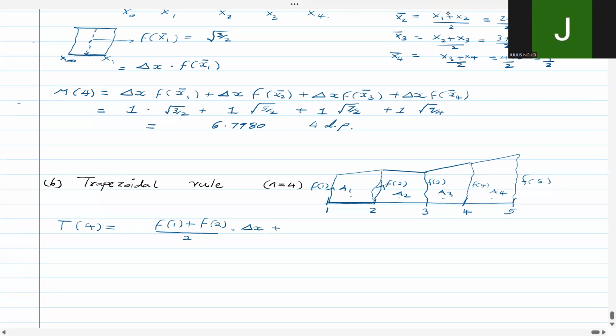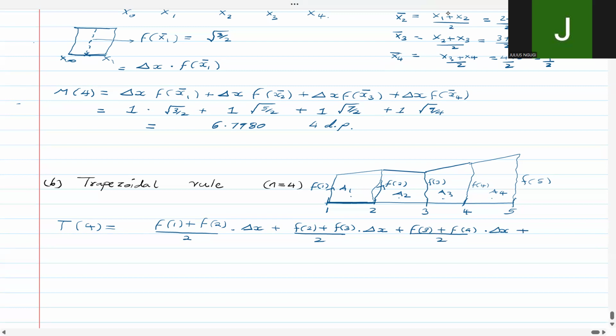Plus the second one, they are sharing an f2, so it's f2, one of the parallel sides, plus f3 divided by 2 multiplied by the interval or the length, plus, now I'm in A3, and A3 has F3 as one of the parallel sides plus F at 4 divided by 2 multiplied by, again, the spacing.